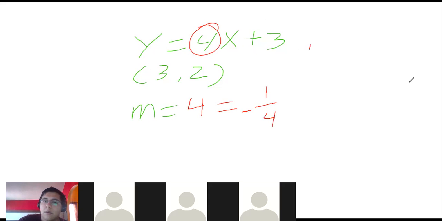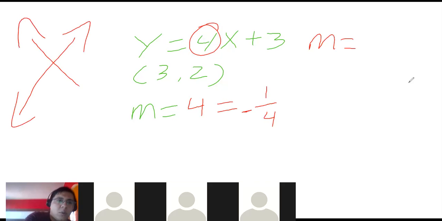Remember, with perpendicular lines, one of them is going to be positive, one of them is going to be negative. To be able to change directions, it has to go from positive to negative, or from negative to positive. Exactly.